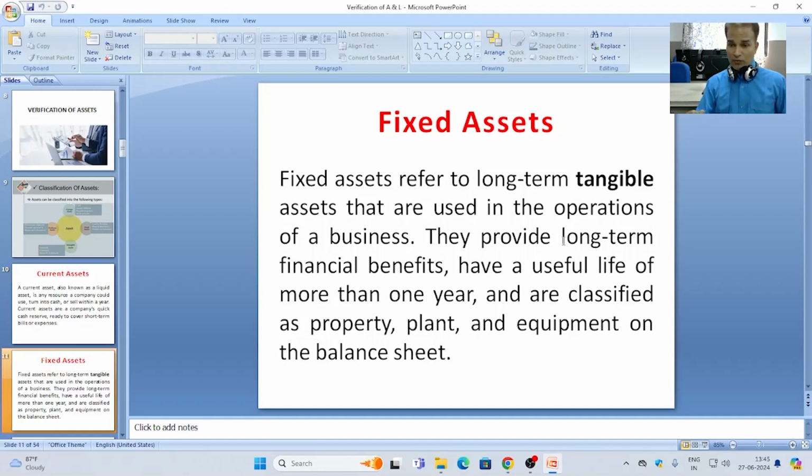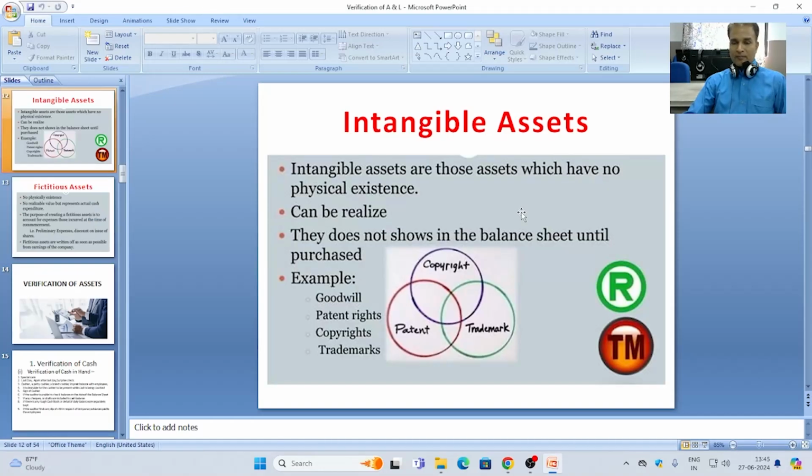These have a useful life of more than 1 year or more than the accounting period, and are classified as property, plant, equipment, etc. These are the base of the assets, and the maximum investment of the business is captured by this type of assets.